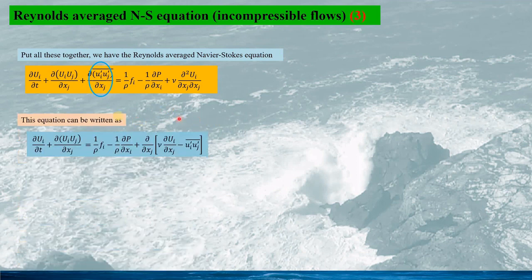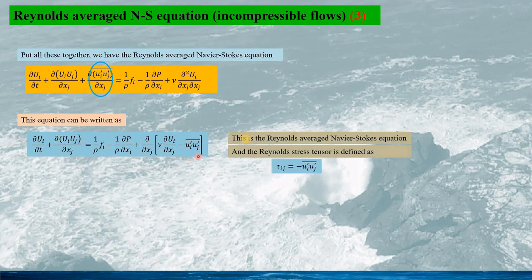This equation can be written in this form. So this is the conventional Reynolds averaged Navier-Stokes equation with the Reynolds stress tensor defined as tau ij equals minus the average of the double velocity u prime i and u prime j.